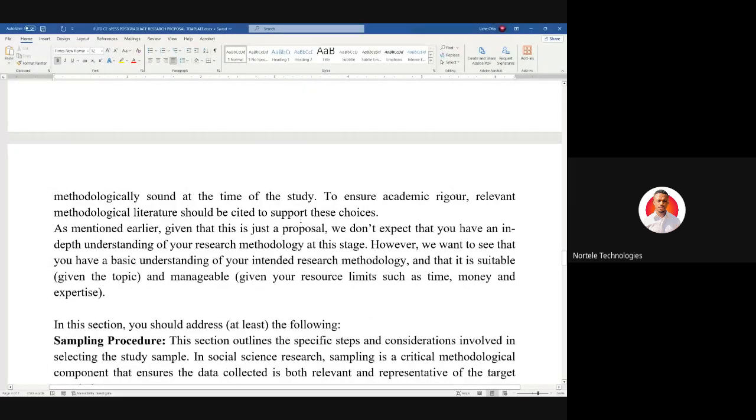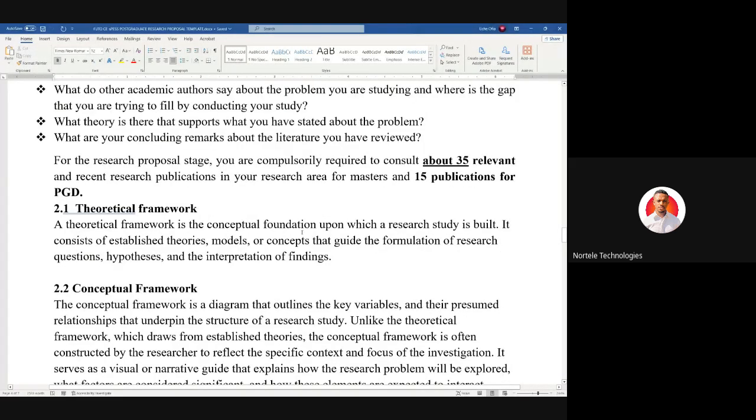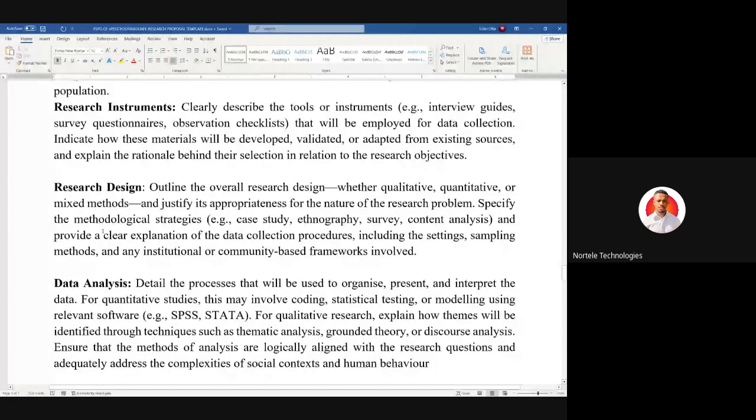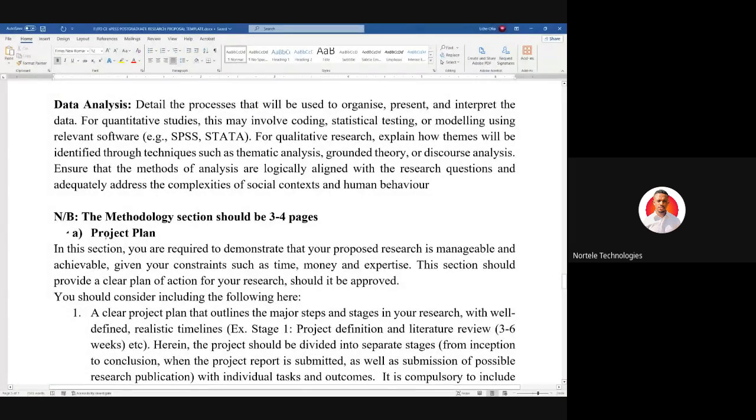So I'm just going to quickly go to the methodology before we end this class. It's already 9 o'clock. All right. So I've talked about 5 things now. I've talked about the research problem or statement of problem. This is what you need to focus on for your proposal: your statement of problem, the objectives.